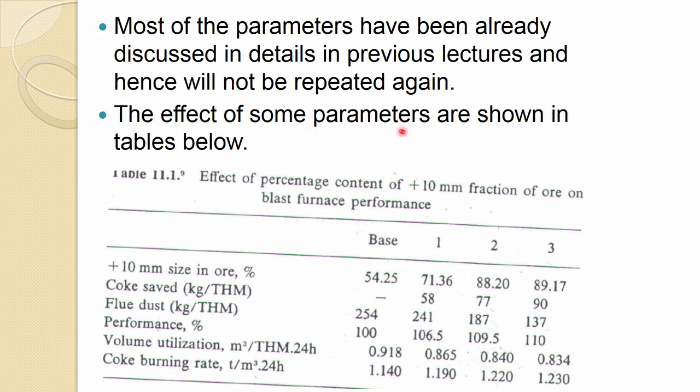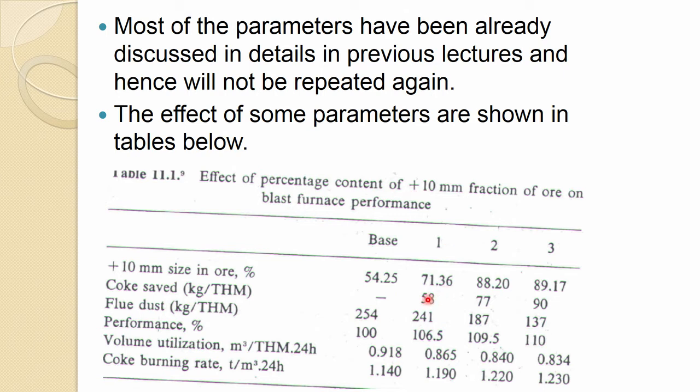The effect of some parameters is shown in this table. So, the effect of percentage content of the plus 10 millimeter fraction of ore in the blast furnace. The base condition is this: plus 10 millimeter is 54%, and if you increase that to 71%, the savings, you can see how much, 58, these are actual plant data.